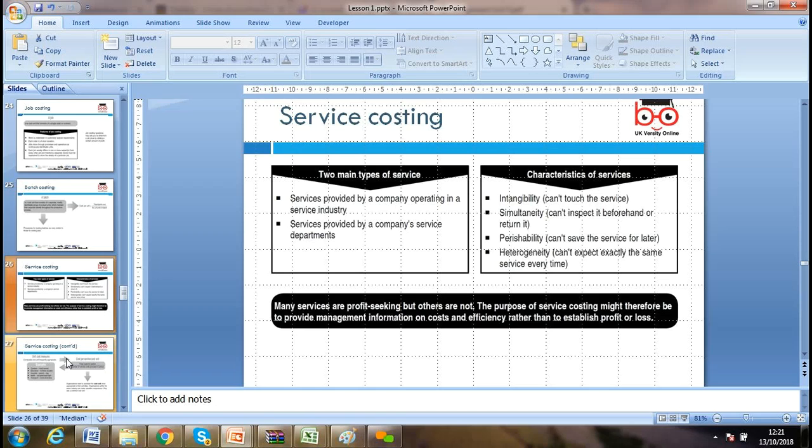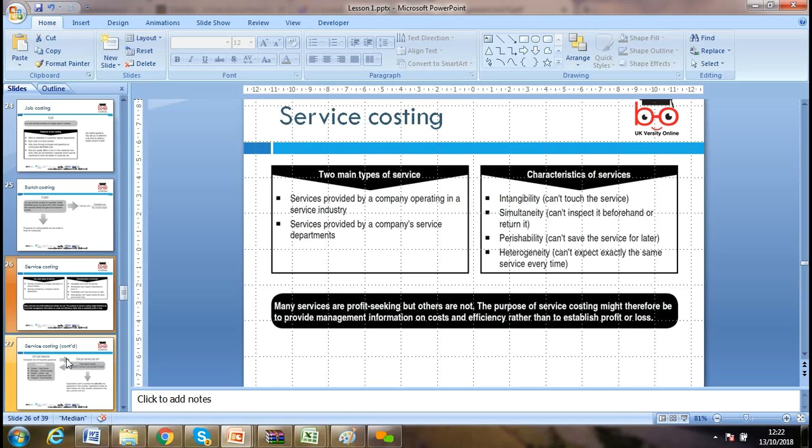They are simultaneous, can't be inspected beforehand, and are perishable. We can't really save a service. Services also show heterogeneity: you can't expect exactly the same service every time, because you are dealing with different people, human beings. But there are service standards: you have to say welcome to everyone, you have to wear a certain uniform, to provide good service to the customer, like nurses wearing the uniform properly, like teachers, and various other service industries.